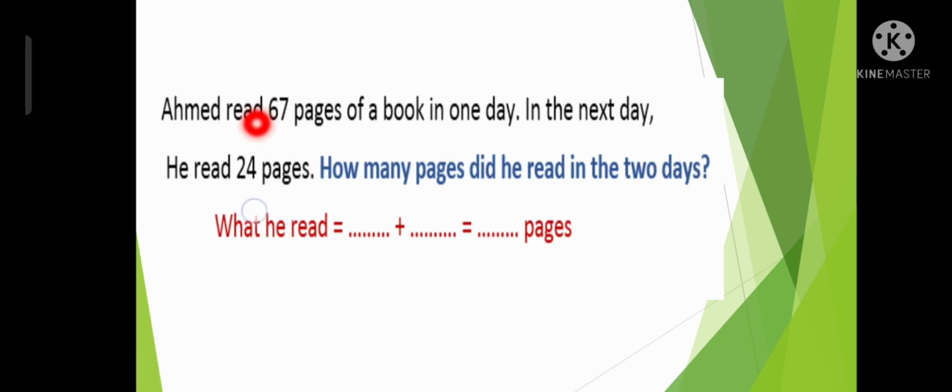Ahmed reads 67 pages of a book in one day. The next day, he read 24 pages. How many pages did he read in the 2 days? Okay, I want to add the first day and the second one. 67 plus 24.